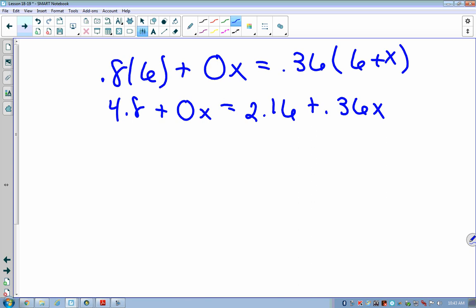Let's see. So we're going to subtract 0.36x from 0x. 0 minus 0.36 is negative 0.36, right?